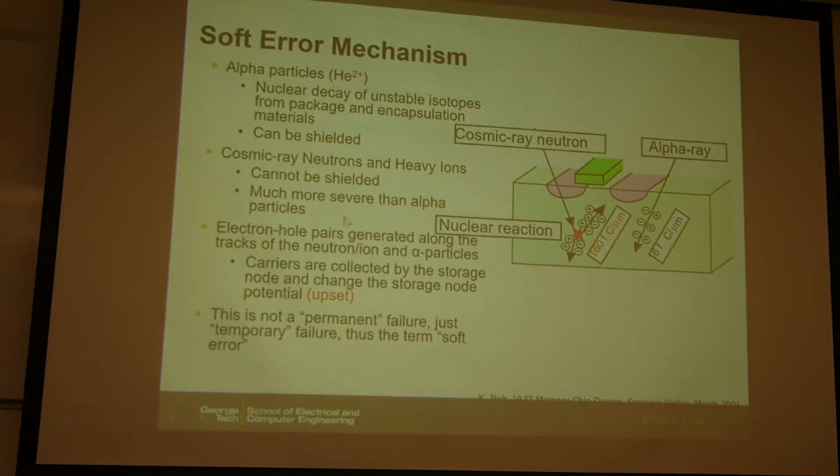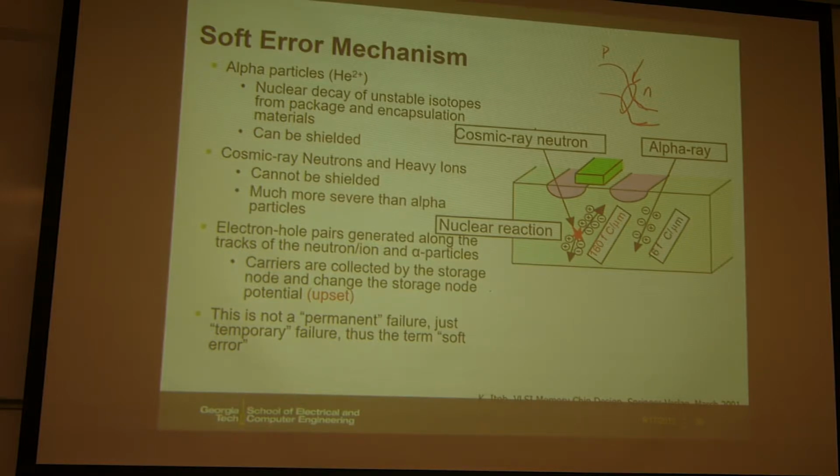This is more problematic than the alpha particle, so we will mostly focus on the heavy ion or the cosmic neutrons. The problem is that when a high energy particle hits the transistor, especially at the junction area, which is a PN junction, the high energy particle will transfer energy to your silicon substrate.